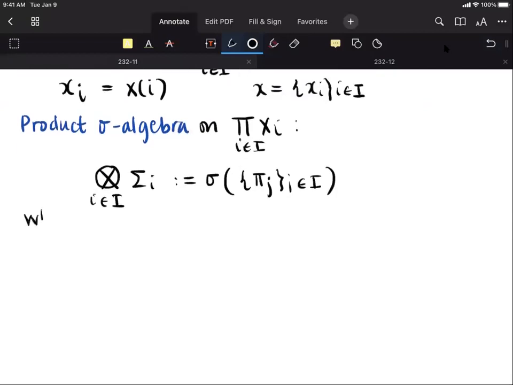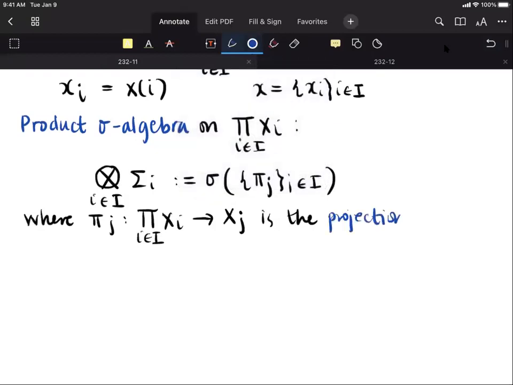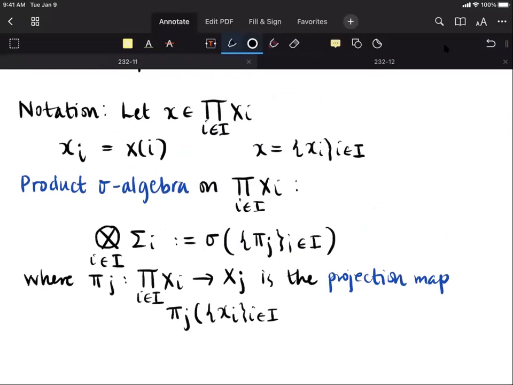So let me define that one. Where pi sub j is a function from the Cartesian product to X sub J. It's the projection map defined as follows. I take a function in the Cartesian product, and we used our notation a while ago.